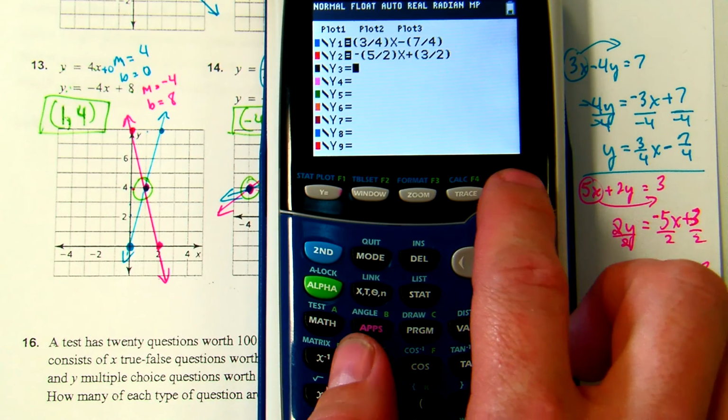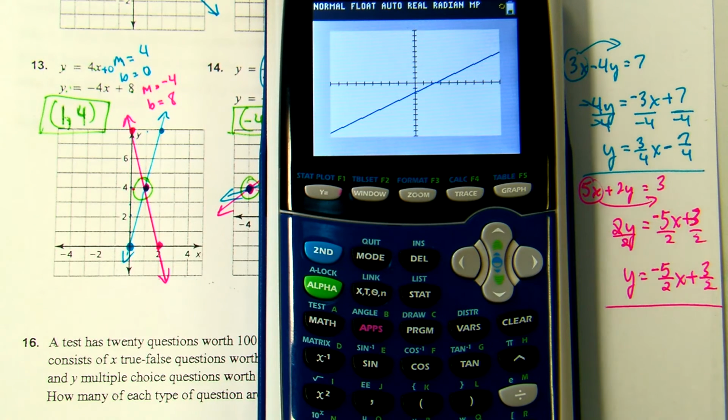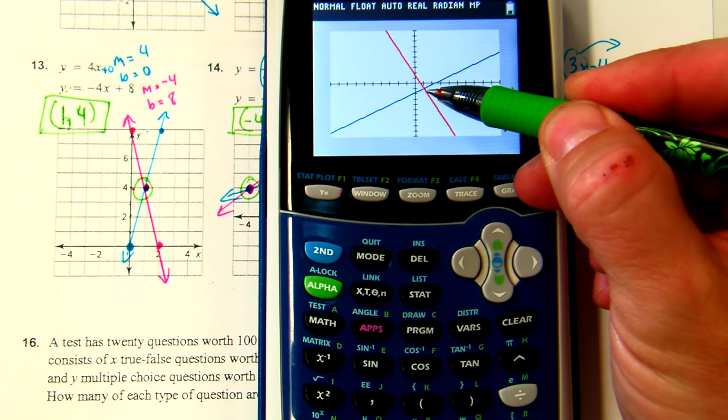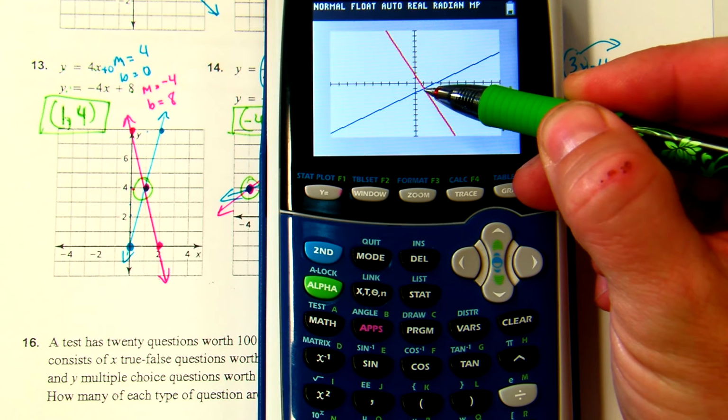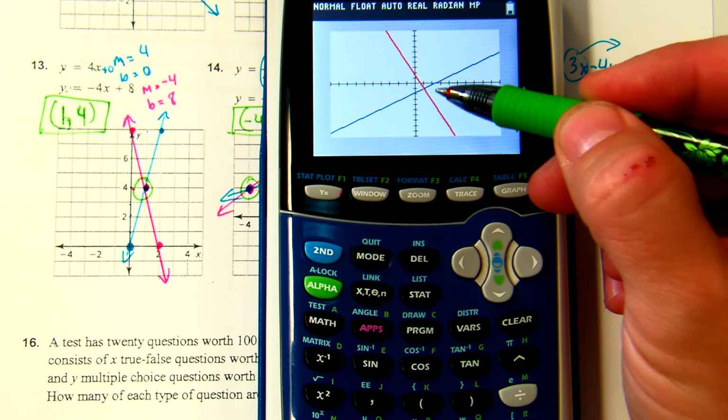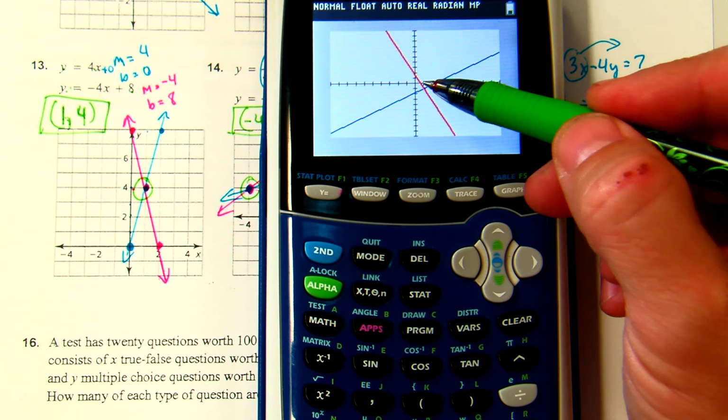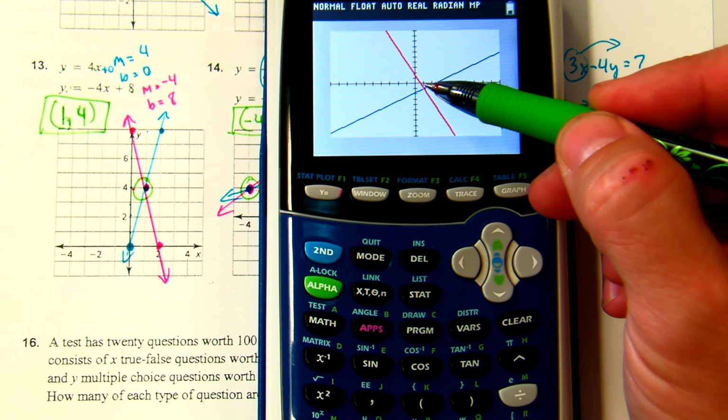And when I graph those, you should see those on this particular calculator in two different colors. Yours will most likely be the same color. And you're going to notice here there's an intersection point right there. What does it look like it's close to, just whole numbers if we're looking? Looks like it's at 1, right?